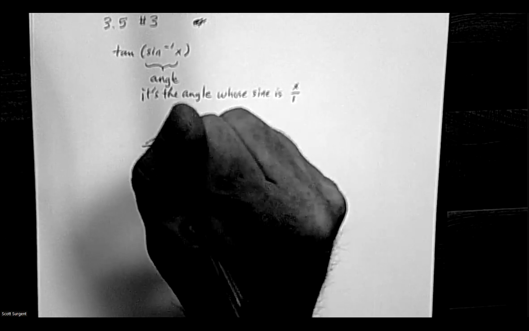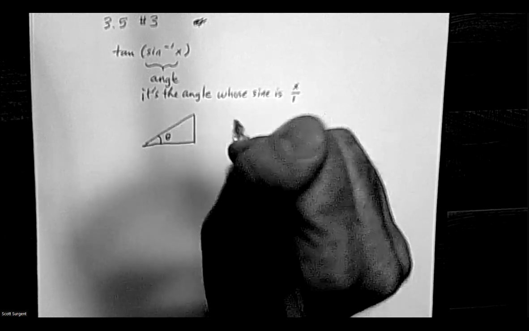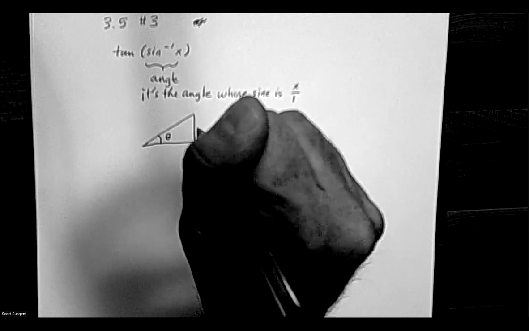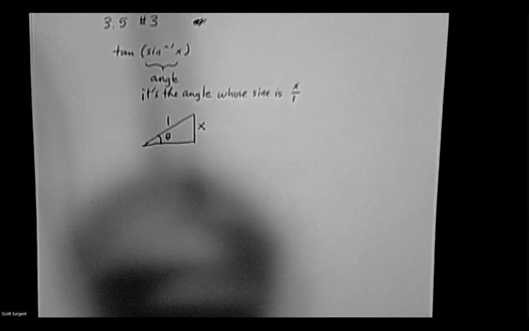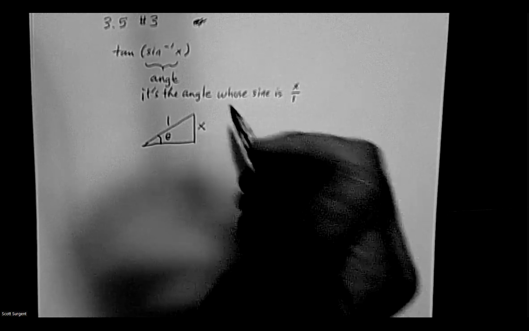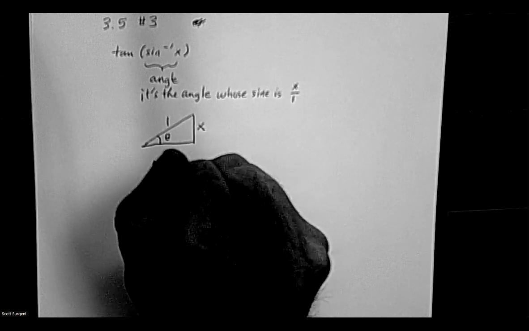So the sine of this angle, I'll put a little theta in here to represent the angle, is opposite over hypotenuse. So far, so good? Because that's what sine is, right? Opposite over hypotenuse.